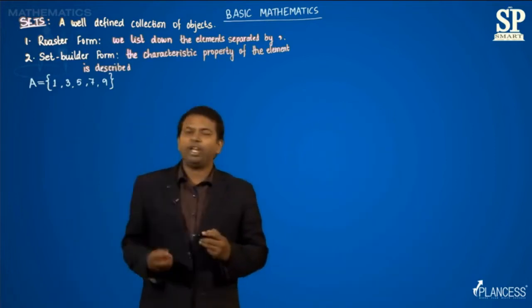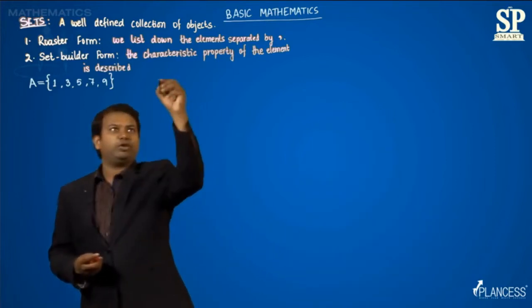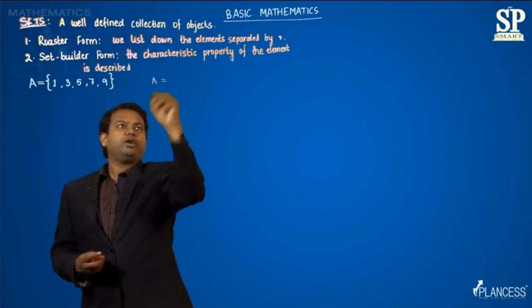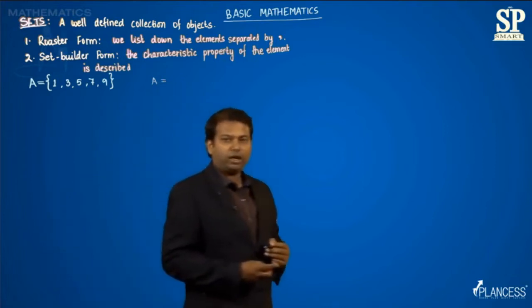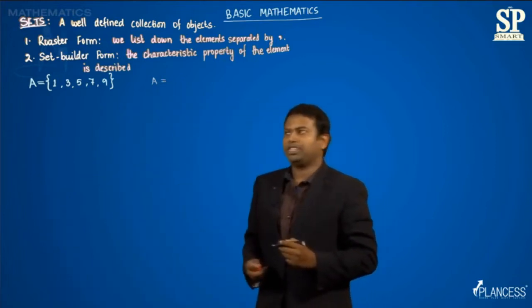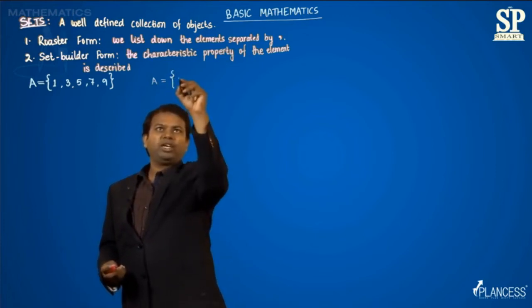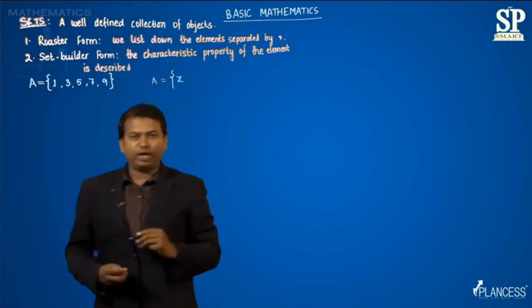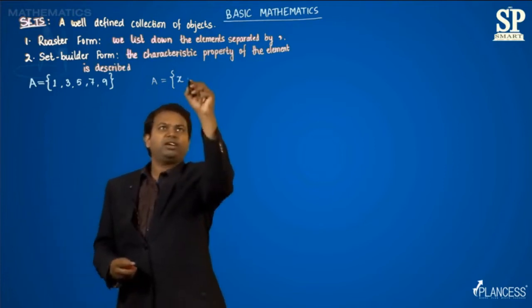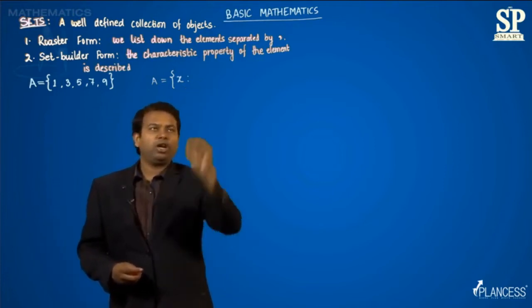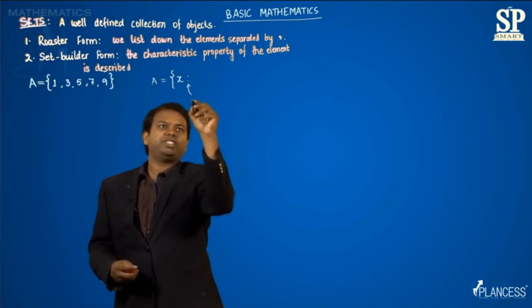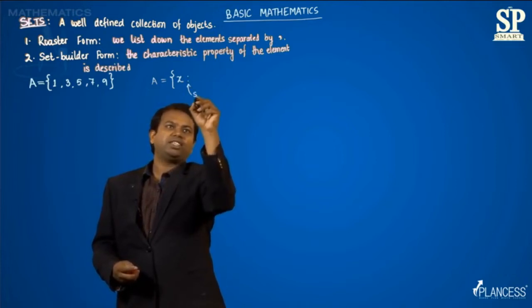So let us try to represent the set in set builder notation. Here we write the capital letter A to denote the set, and the set is written in the following manner. Here x is said to be the element of the set, we put a colon which is read as "such that".